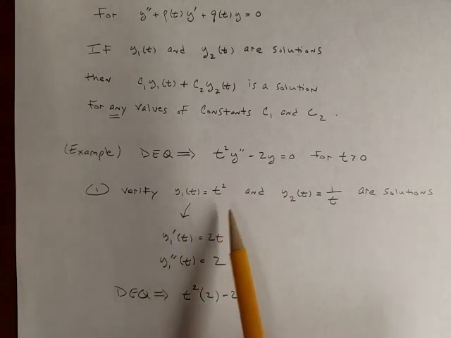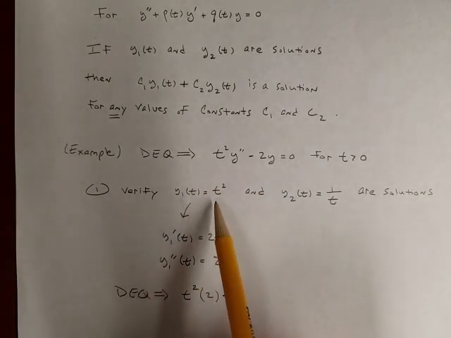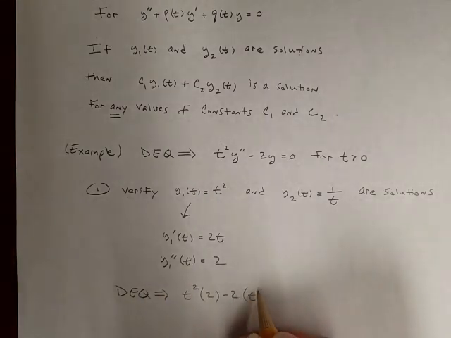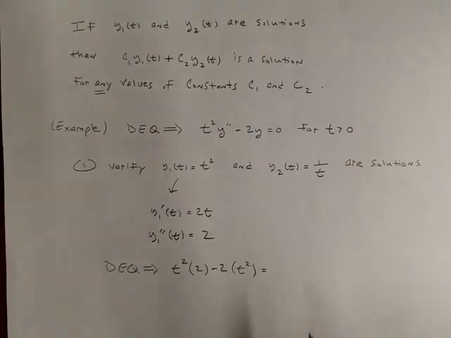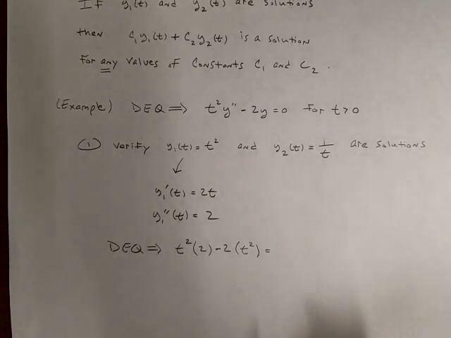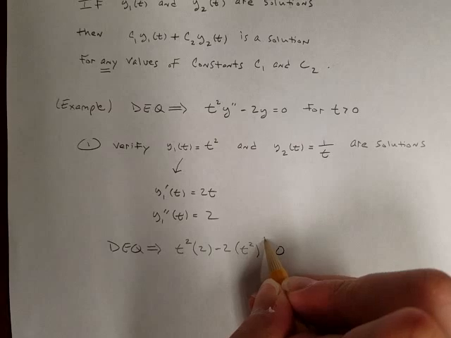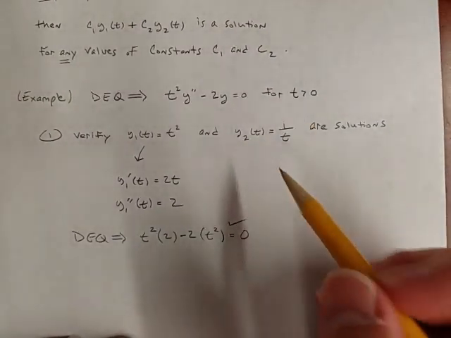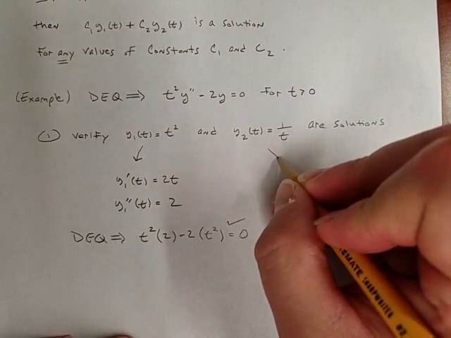You know, y being the dependent variable, which at least for that function is t squared. So we'll do like this. Well, that's about as obvious as a solution's going to be. 2t squared minus 2t squared is in fact equal to 0. So that one's verified.